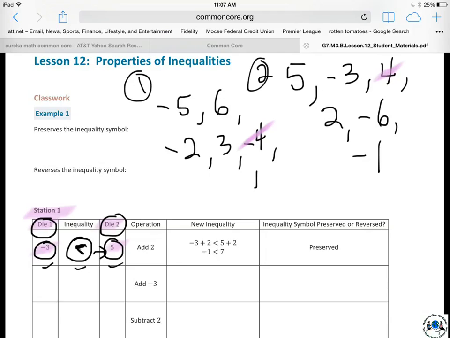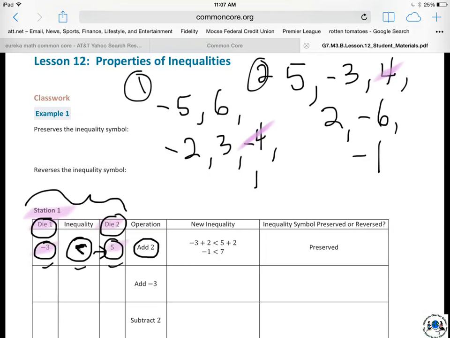Now this operation part right here is assigned to you. What they want you to do is add 2 to these 2 right here.